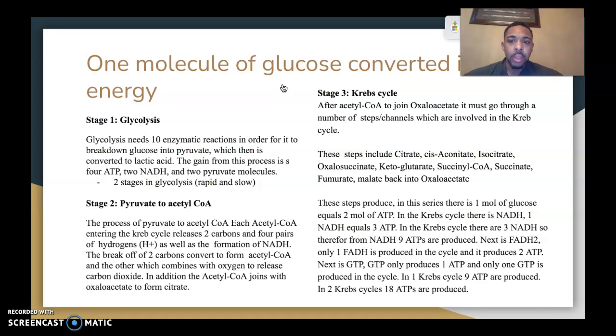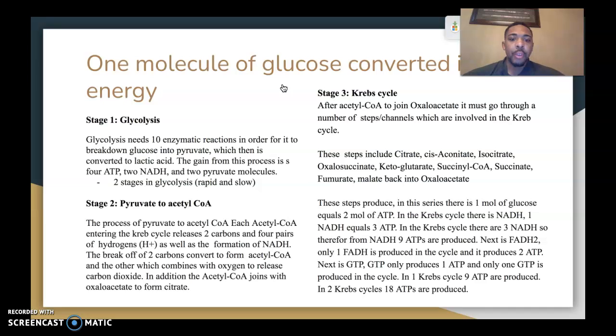And since in glycolysis two pyruvate molecules are created, each one must go through the Krebs cycle. So from the Krebs cycle, it produces NADH, and one NADH is equivalent to 3 ATP. So since 3 NADH are in the Krebs cycle, therefore 9 ATPs are produced.